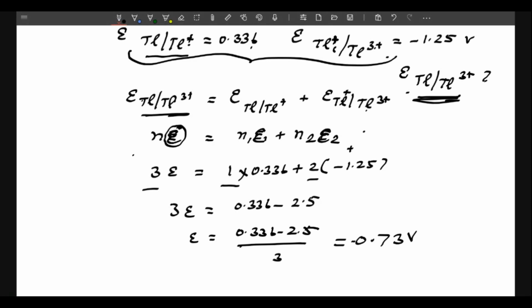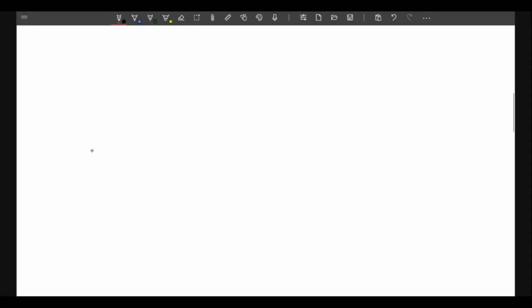Take down the problem. The standard electrode potentials, epsilon naught of Fe3+ for Fe2+ and Fe2+ bar Fe are 0.77 and minus 0.44 volt respectively at 300 degree Kelvin.